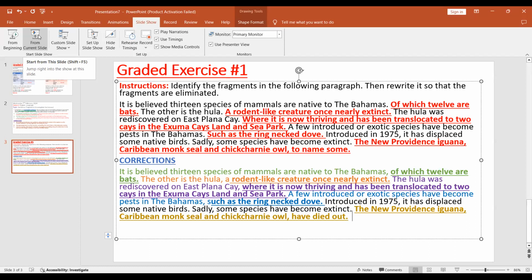So the hula was rediscovered on East Plana Key. Okay. That is saying a lot already. So you don't want to just continue. It's like a comma is a pause, right? So we don't want to close the sentence yet, but we still want to say more things. So we put a comma just to continue, but we know we have a pause that we need to make.